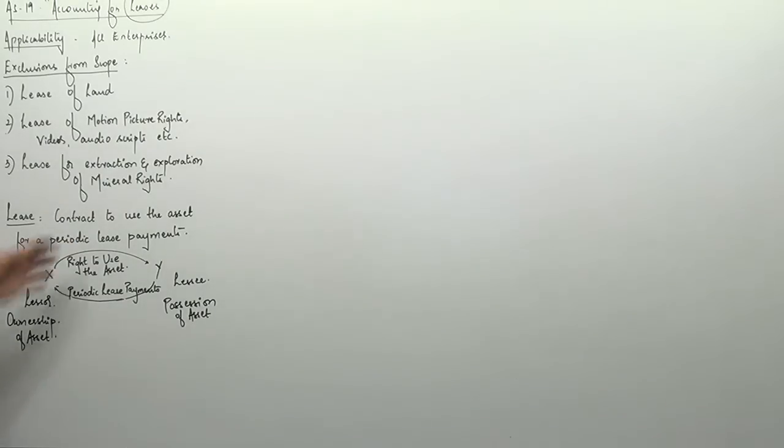This is how we can define a simple lease agreement. A person is actually transferring a right to use the asset to another person and receives a periodic lease payment in consideration. The person who is the owner of the asset who is giving the right is called as a lessor. A person who acquired such right is called as a lessee.